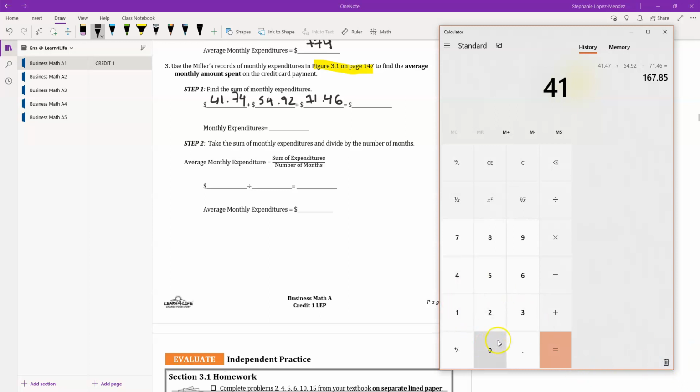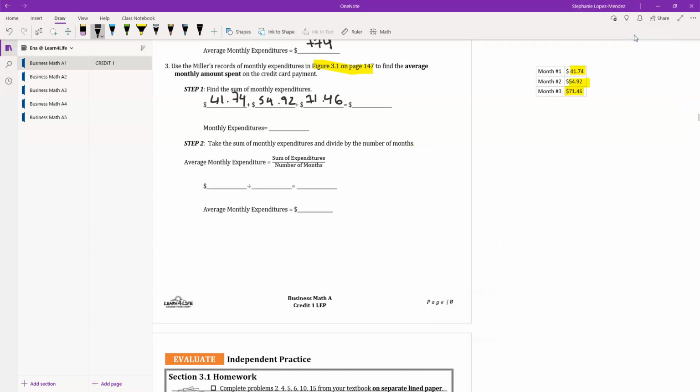That is 41.74 plus 54.92 plus 71.46. That gives us a total of $168.12, right? So again, our sum of monthly expenditures is 168.12.